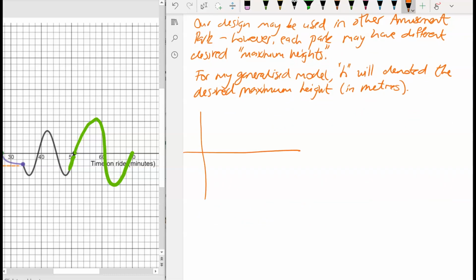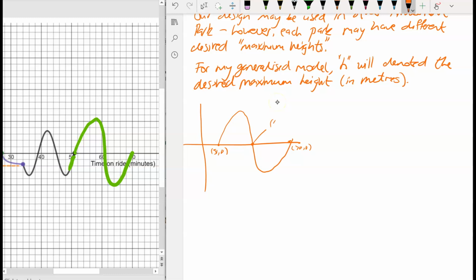So our model, the starting point, we're going to have to assume the starting point's the same. And we're going to have to assume the end point is the same. We're going to assume the second x-intercept is still the same, and that was at 60.5, 0.